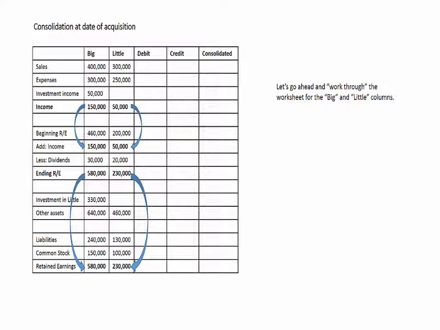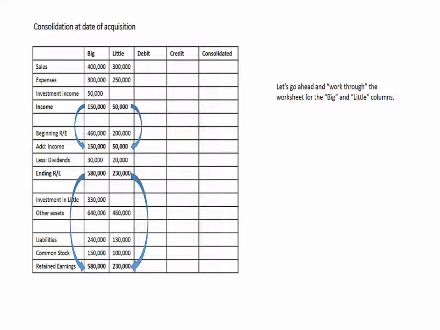So now we've completed the worksheet columns for big and little. We now have a completed income statement, a completed statement of retained earnings, and a completed balance sheet. And it's always a nice touch just to confirm that the balance sheet does in fact balance. So for big company, we have total assets.